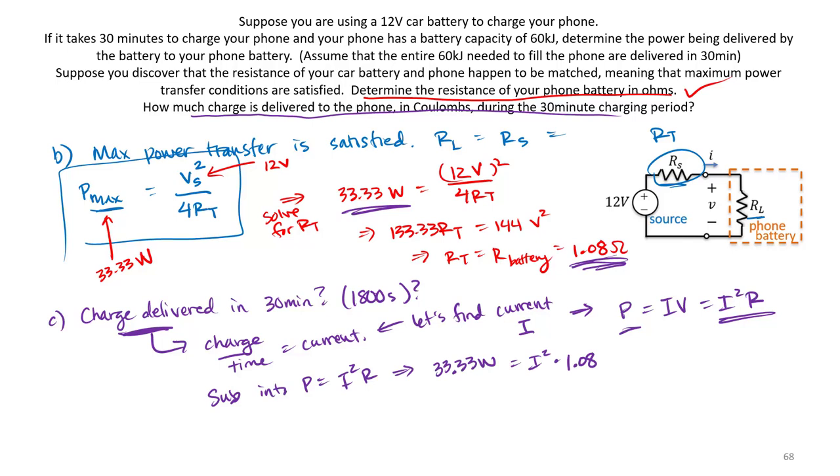And so therefore, we need to go ahead and solve for I. And if we do that, we will get the following. We'll determine that I squared is equal to 30.86, that's just dividing our power by that 1.08. And then we need to take the square root of that 30.86. And if we do that, we determine our current I will be equal to about 5.555 amps.